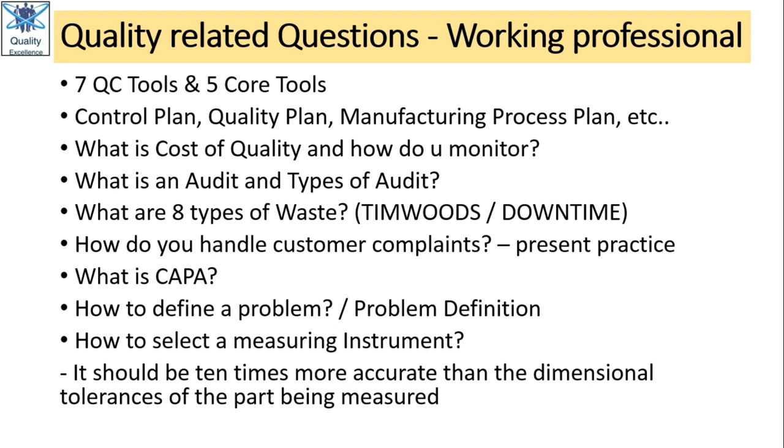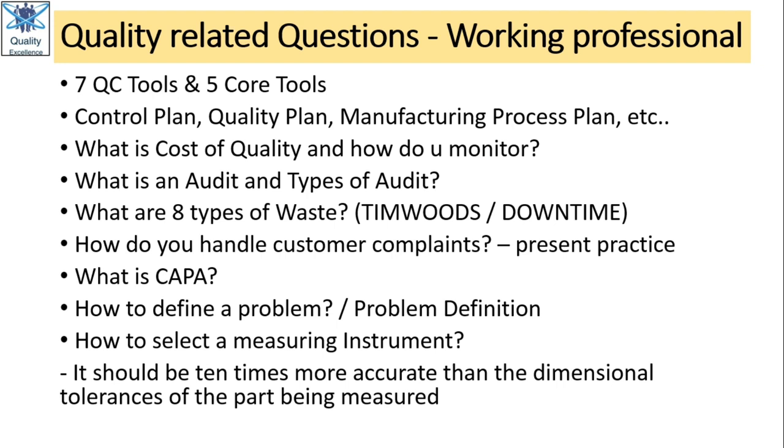How to select a measuring instrument. Here I would like to tell you that while selecting a measuring instrument, you should check that it should be 10 times more accurate than the dimensional tolerance of the part being measured.